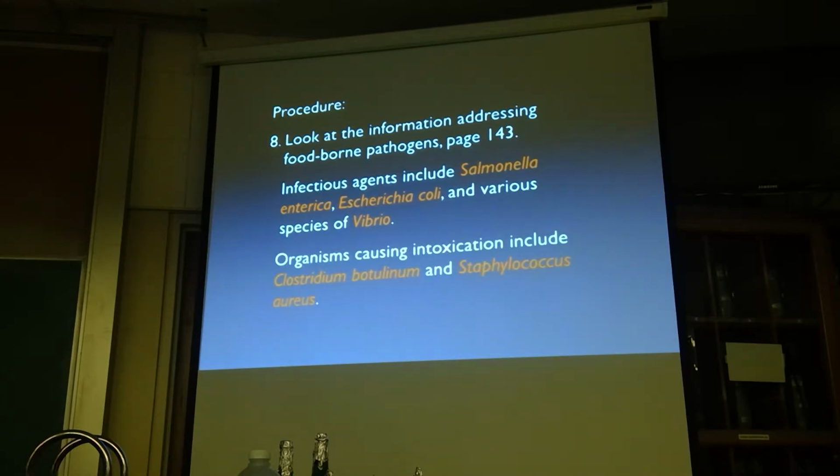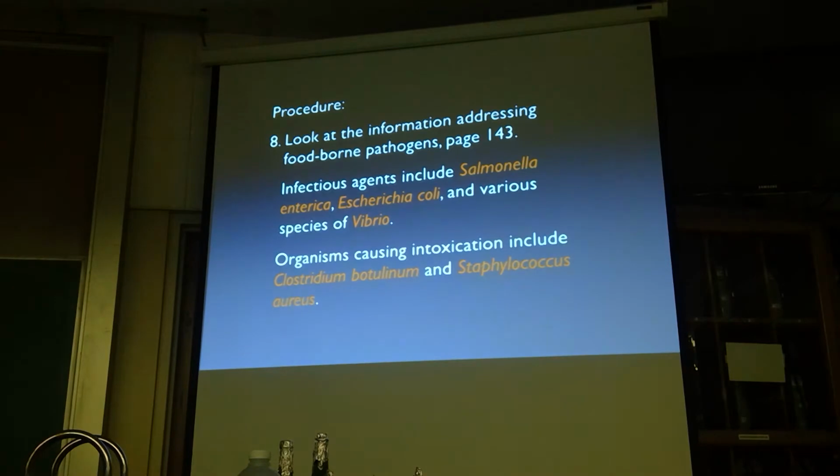And then there are organisms that cause intoxication. This is different. This means the organisms are producing toxic byproducts that, if you ingest the toxins, are going to make you sick. Probably the worst one is Clostridium botulinum. This became a problematic organism when people began to prepare food and can it, that is, put it in a closed container and seal it in there.